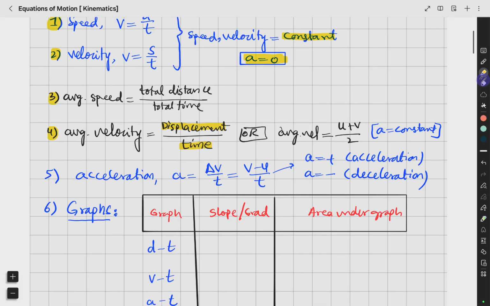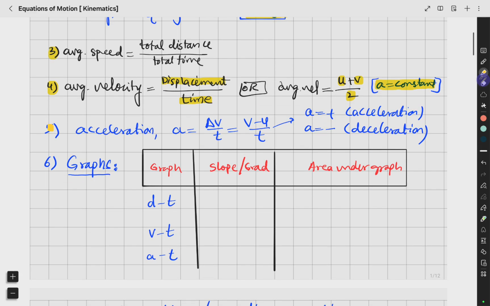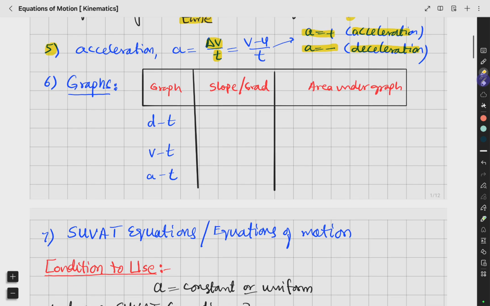One is displacement over time, and if the object is moving with constant acceleration, average velocity can be determined by adding initial and final velocities and dividing by 2. Then acceleration is change in velocity over time, v minus u over t. If positive, it is positive acceleration. If the answer comes out negative, it is called deceleration.